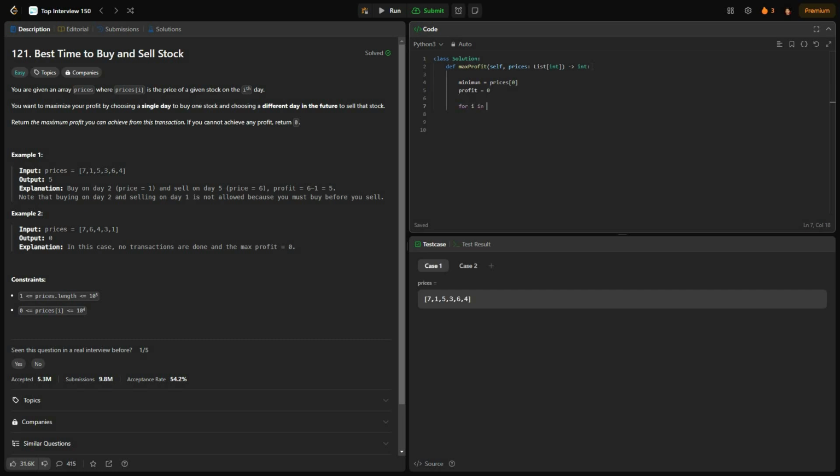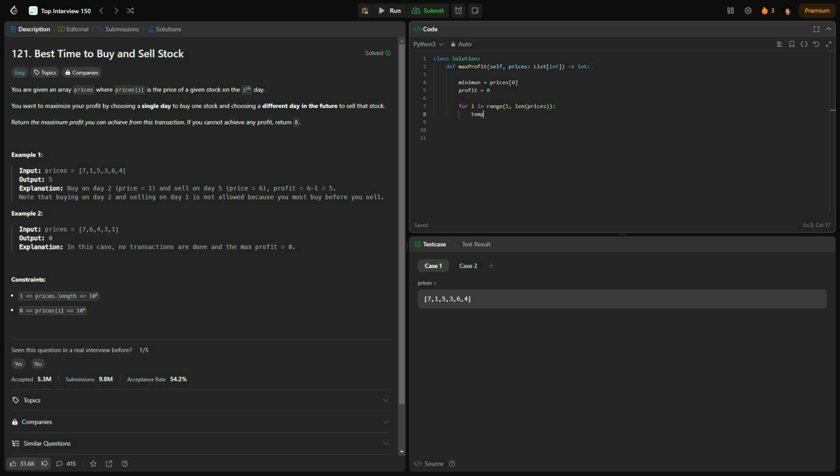Let me iterate. For i in range, in our case we have already initialized the minimum, so it would be from 1 to the length of prices. And what is our temporary profit?